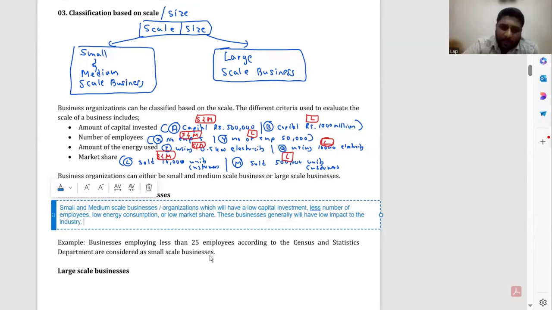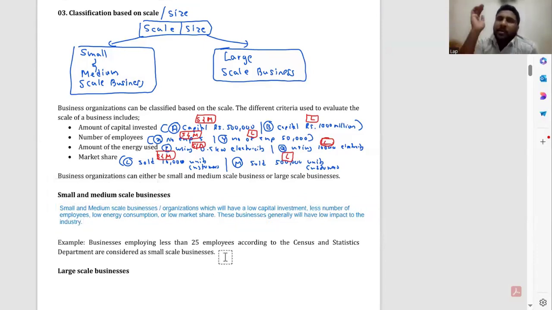I'm just asking you a question, people. Next door, you have a grocery shop. If that grocery shop closes, there will be a more impact to the Sri Lanka. If dialogue closes, there will be a more impact to Sri Lanka. Which one will create a more impact?